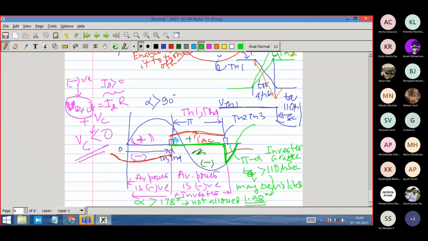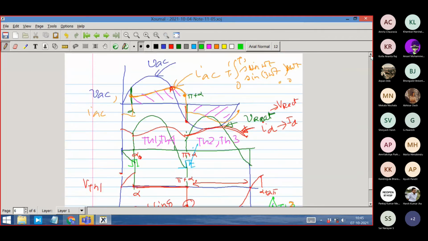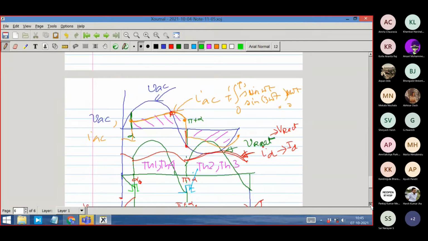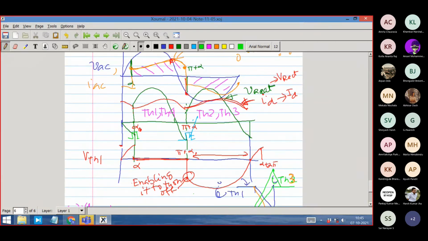Another interesting part you should have noticed earlier: the thyristor is on here. The thyristor is off with negative voltage, but the thyristor is also off with positive voltage. That's why the thyristor is a better device in such applications than a MOSFET, because in the off state the MOSFET will block only positive voltage. You can see here that the thyristor, the red waveform, is blocking negative voltage for a lot of duration in the rectifier kind of operation.